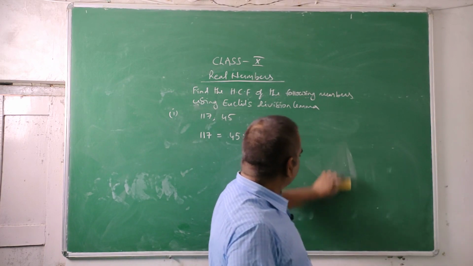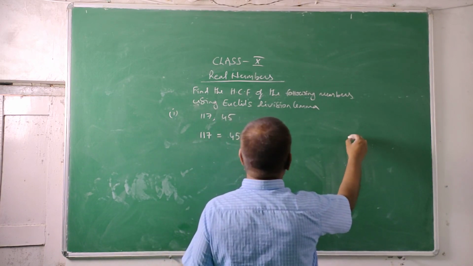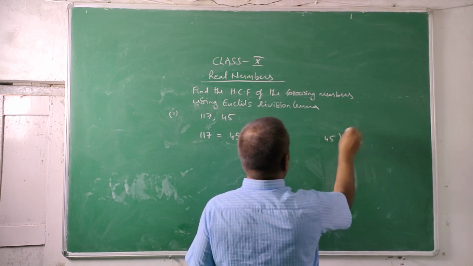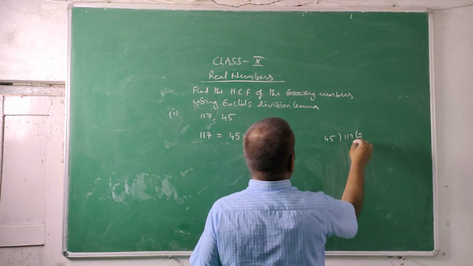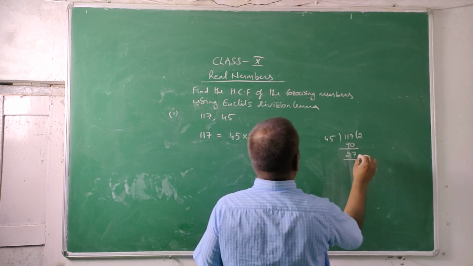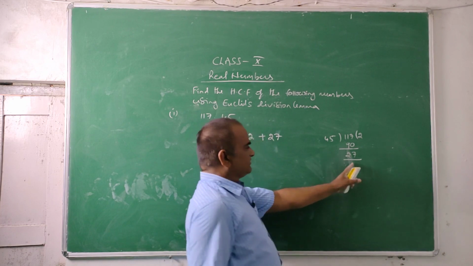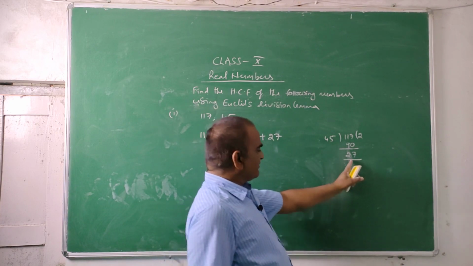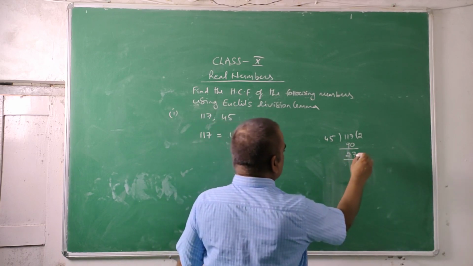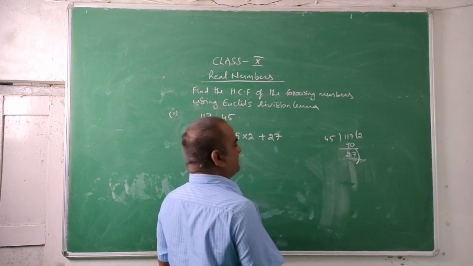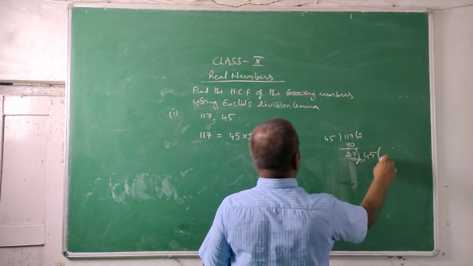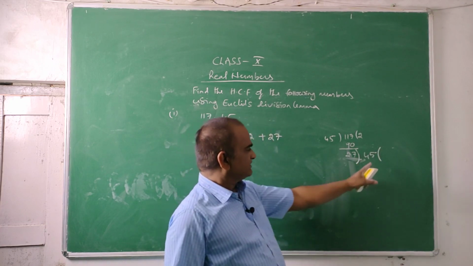So it's nothing but like division, you see. Alongside you can even perform the division. When 117 divided by 45, you get the remainder 27. Now the 27 has to be the divisor and the 45 should be the dividend.